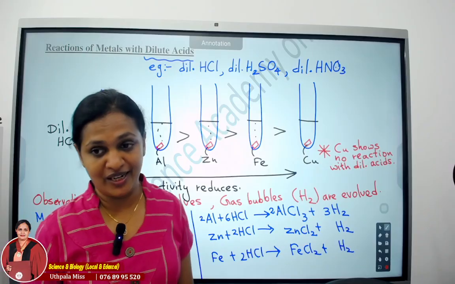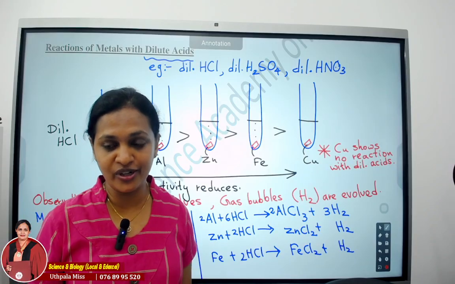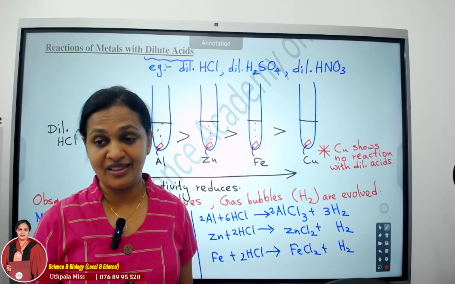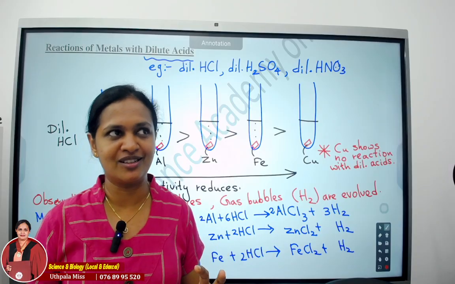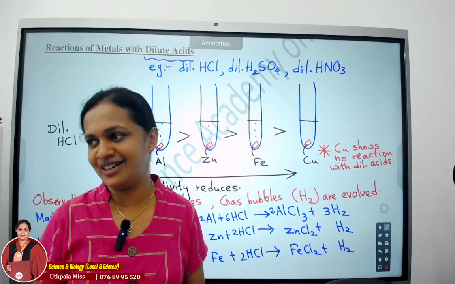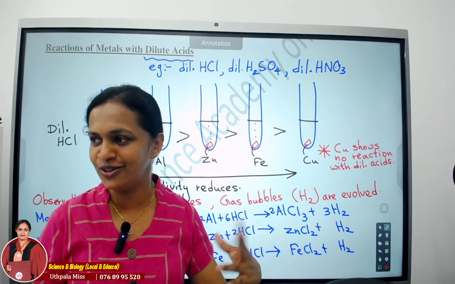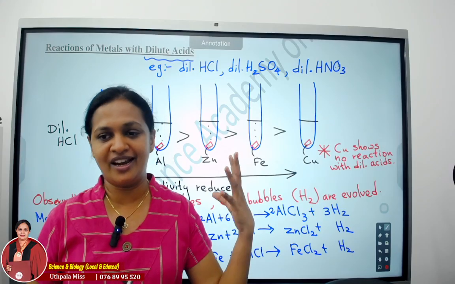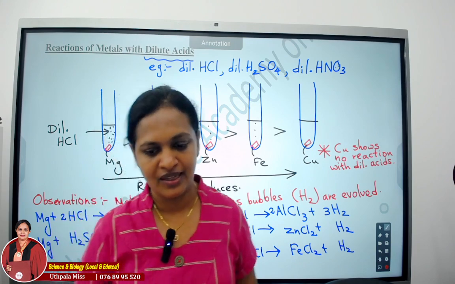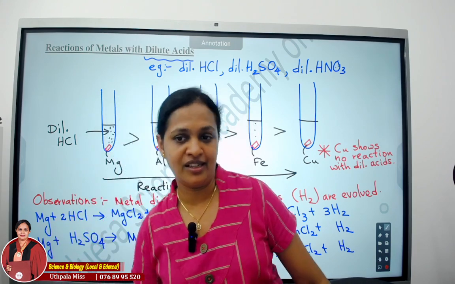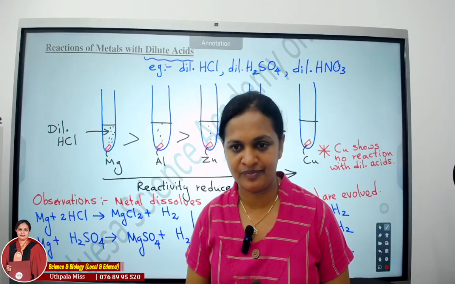Then what about metals like potassium, sodium, calcium? They react violently with dilute acids. Therefore, we don't try them. That means their reactivity is very high, right? They can ignite with an explosion.